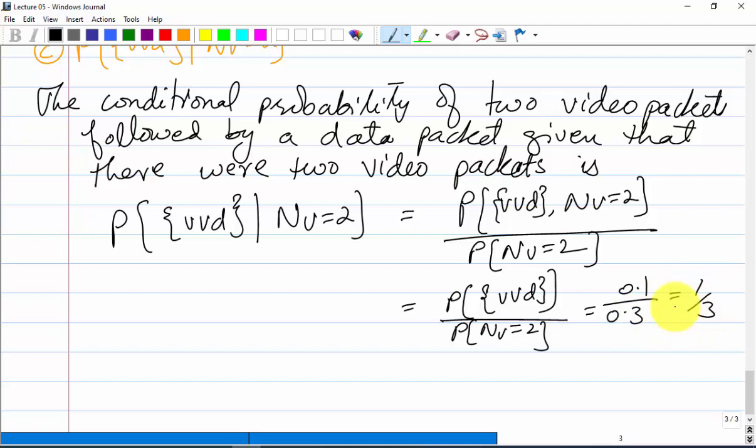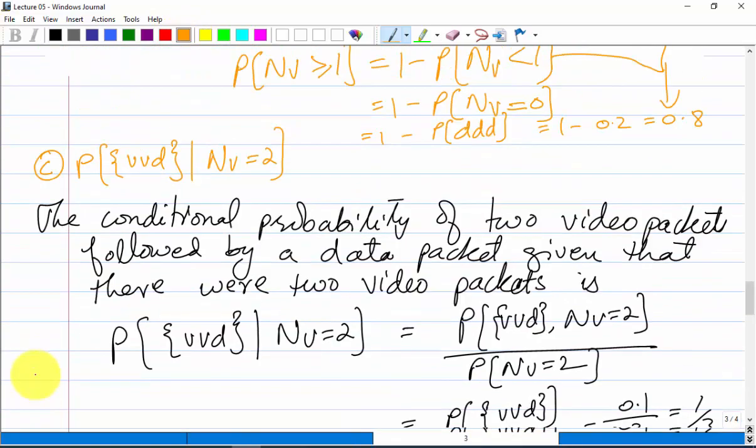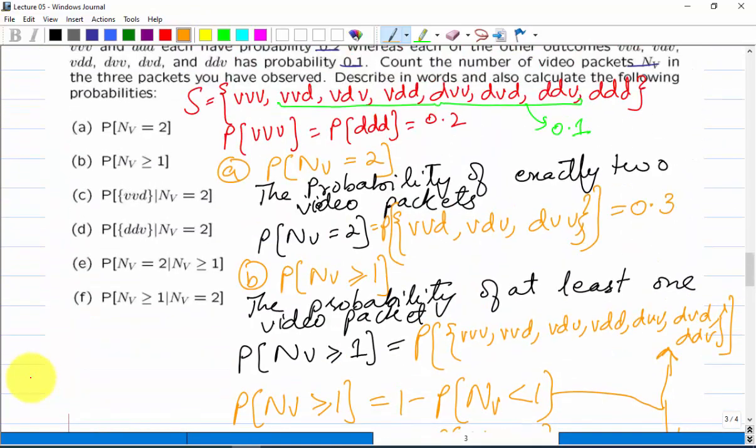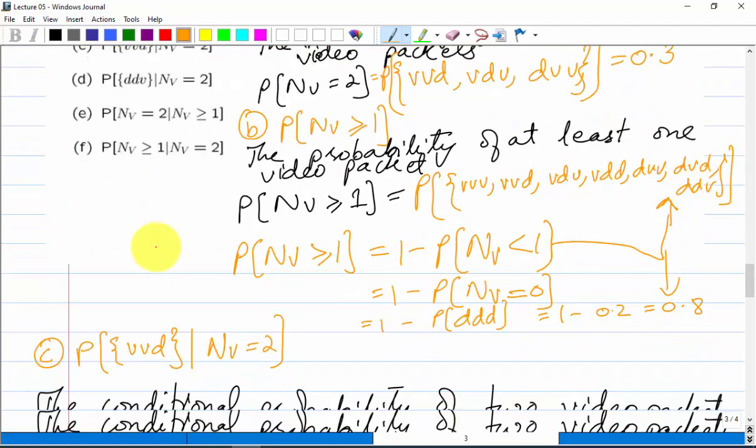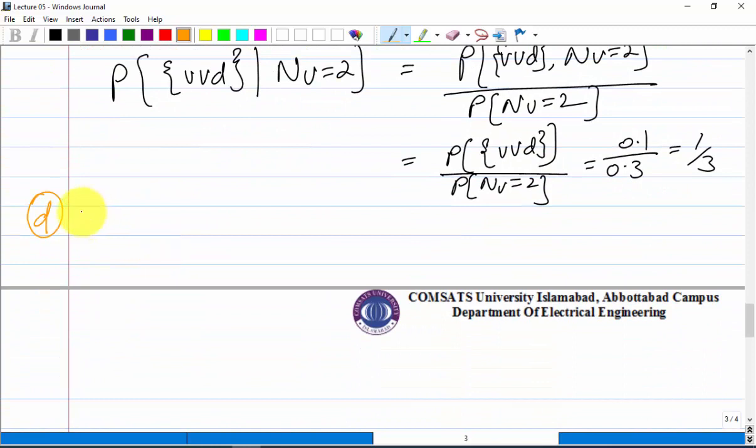Now let's look at part D. Part D says we have to find the probability of DDV given that NV is equal to 2. Here again we will just formulate it.